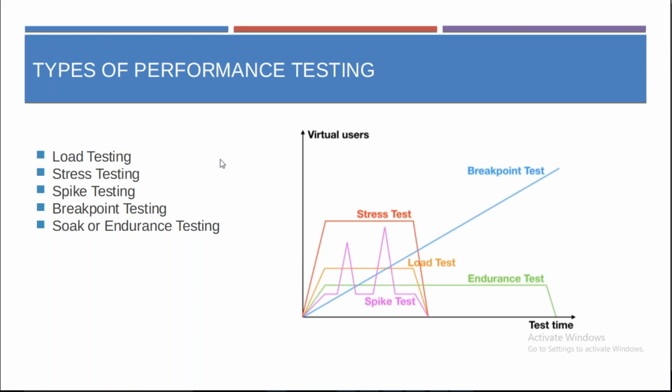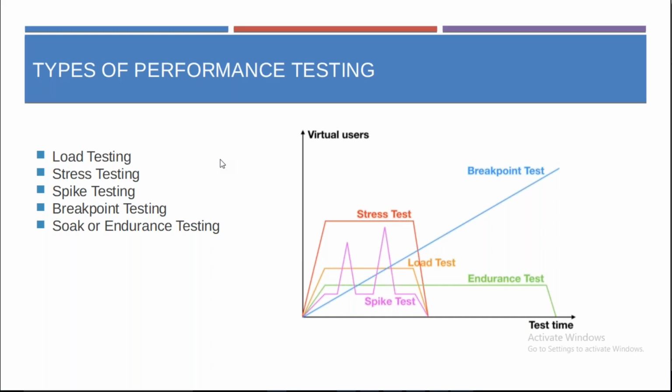Any queries till now, guys? No, so far so good. Sorry, I was not able to hear you. No queries, so far so good. Yeah, thank you. So now, what are the types of performance testing?